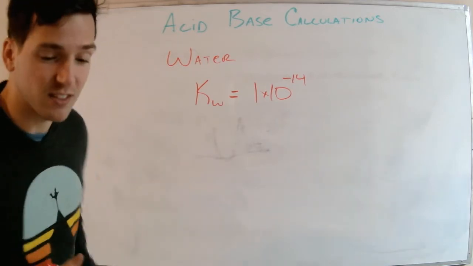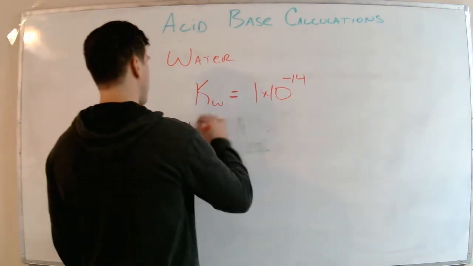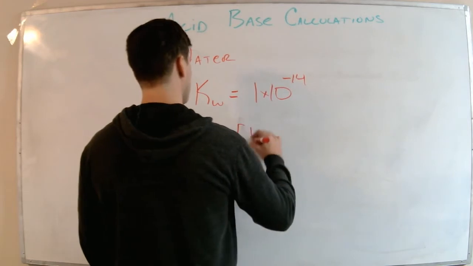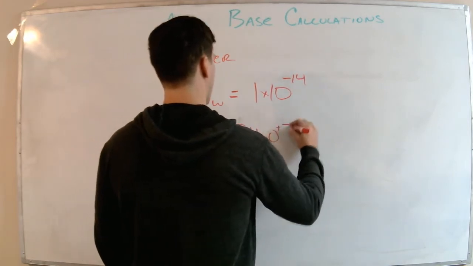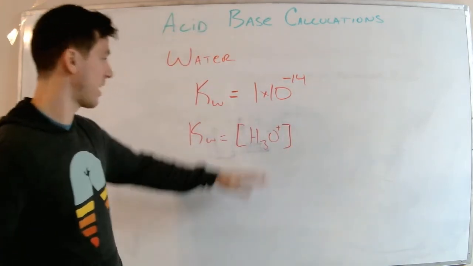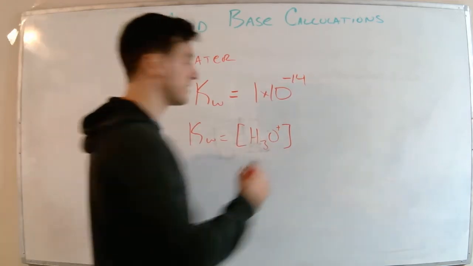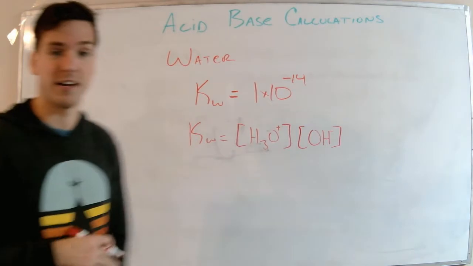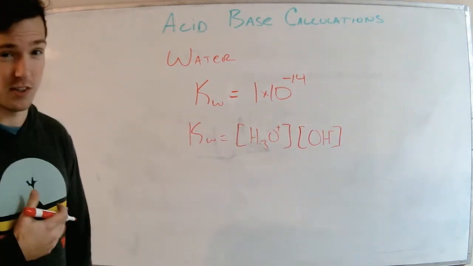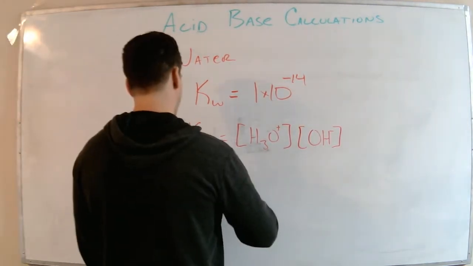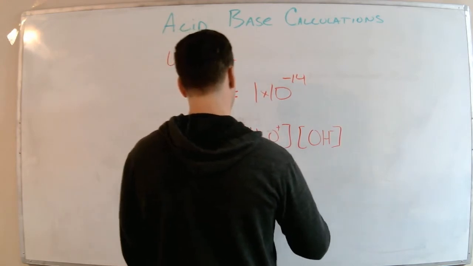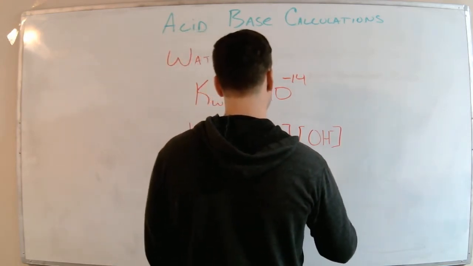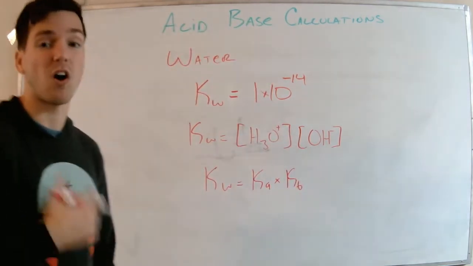But some good things about Kw: Kw equals the concentration of the hydronium ion, or the concentration of our acid, times the concentration of our hydroxide ion. Another good thing to know is that Kw equals Ka times Kb. These are all good things to know.